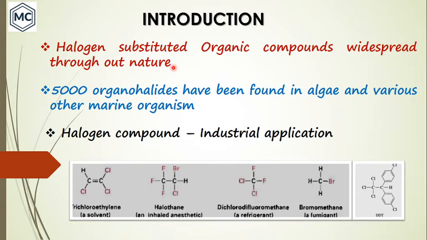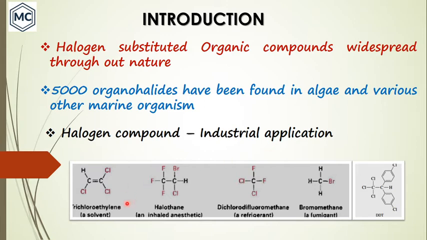Alkyl halides, the halogen substituted organic compounds, are widespread throughout nature. Around 5,000 organohalides have been found in algae and various other marine organisms. Halogen compounds have many industrial applications too.